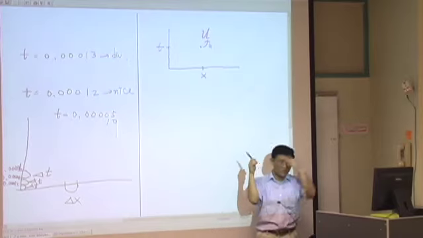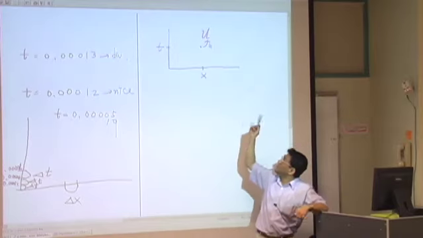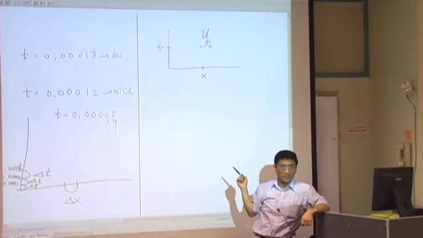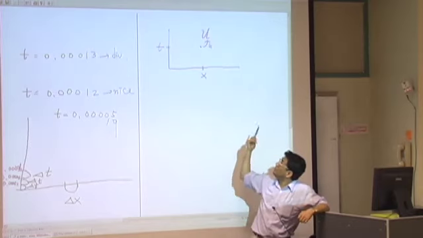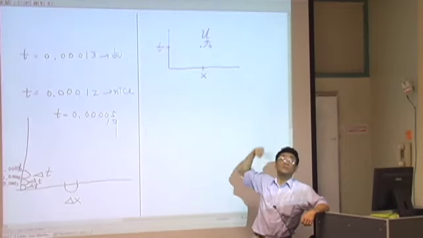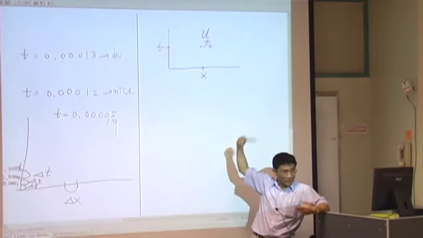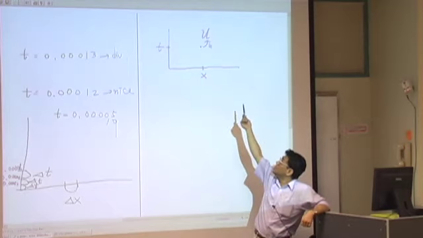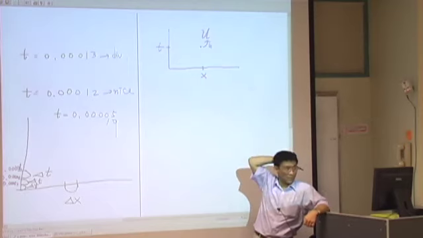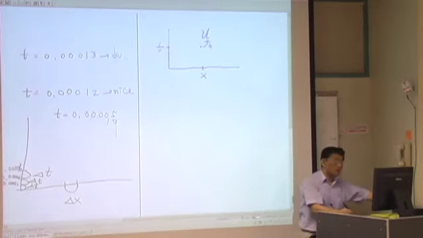Once we solve the differential equation, we know the value of U at the position. But we do not know the value before solving the equation. After solving the equation, we know the value. But before solving, we don't know. In other words, U becomes unknown, right? So the U value here, here, and here, we don't know.